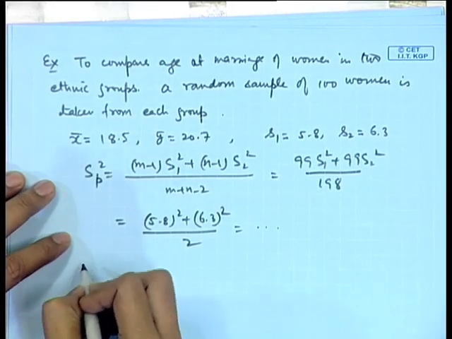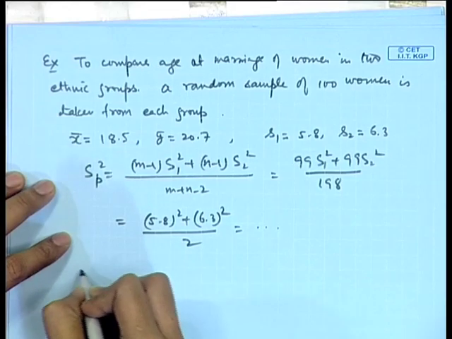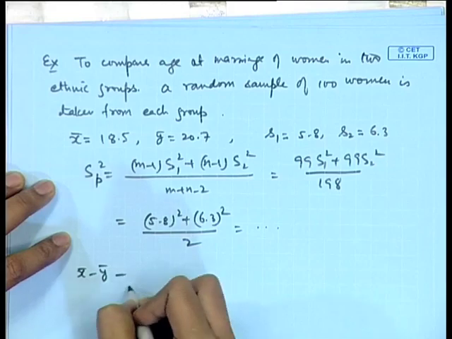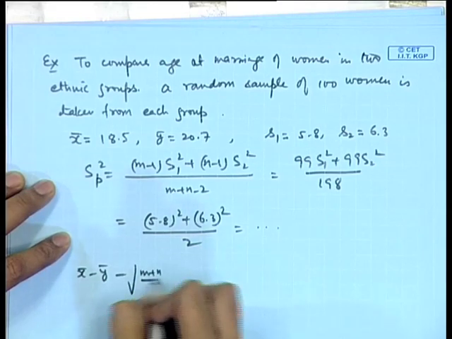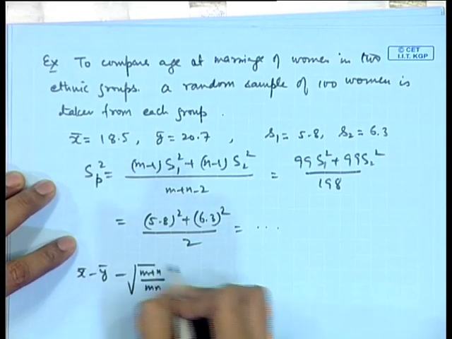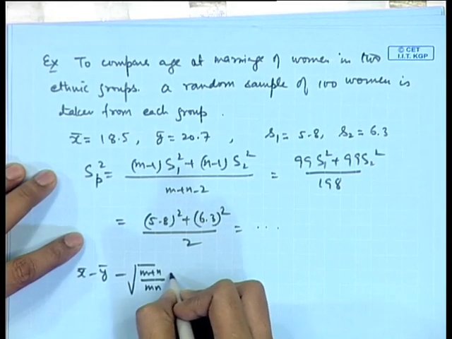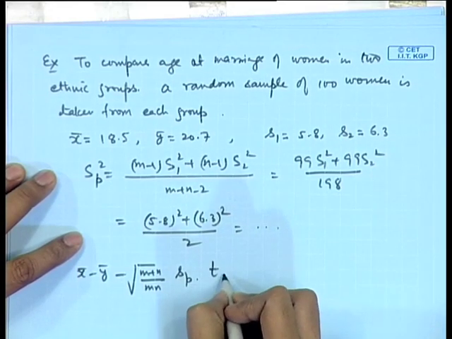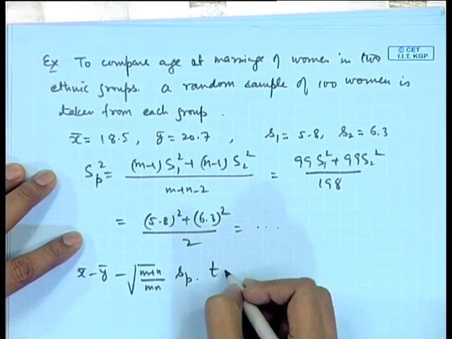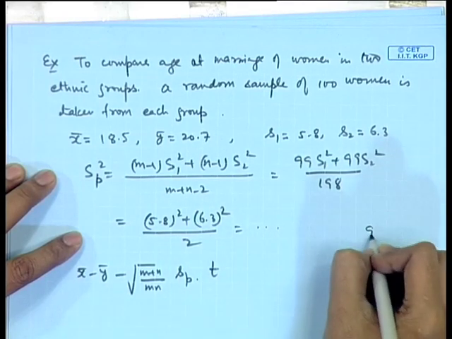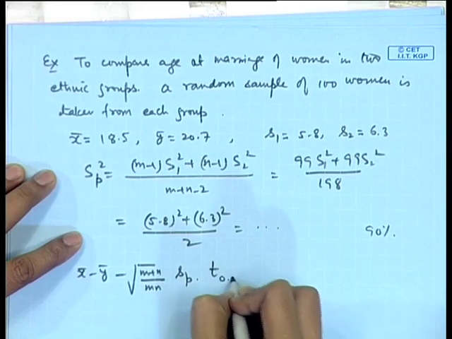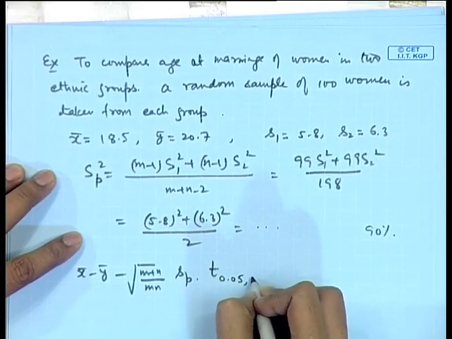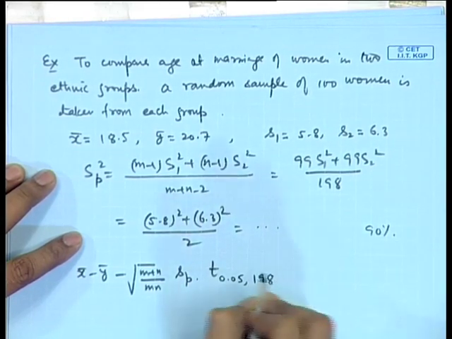In a similar way, we have the confidence interval as x bar minus y bar minus root m plus n by m n, that is, and then S p into t alpha by 2. Suppose I want 90% confidence interval. So, 0.05 and the degrees of freedom will be m plus n minus 2.